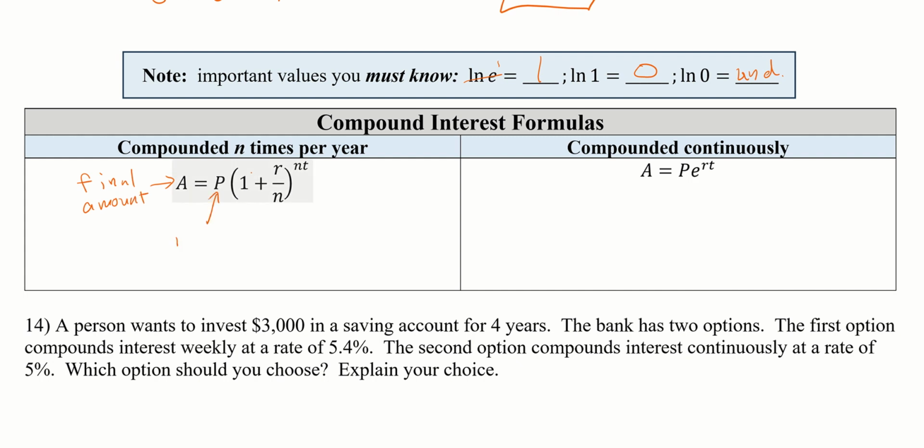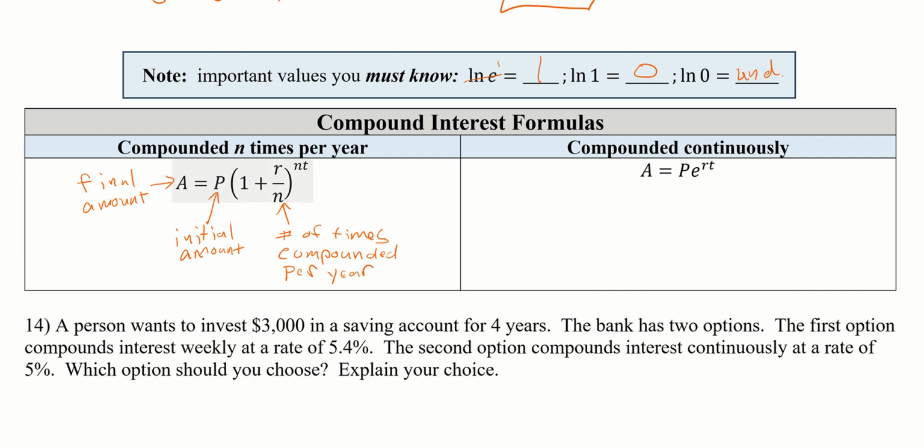P is your initial. What are you putting into the bank or into your investment? n is the number of times compounded per year.